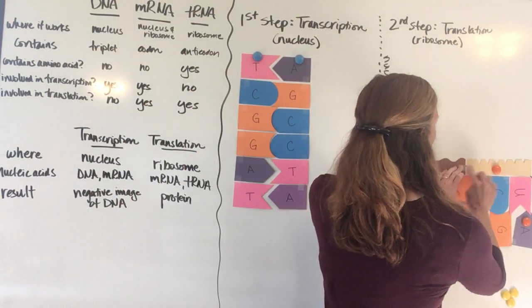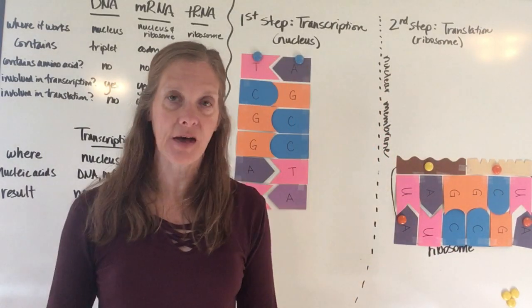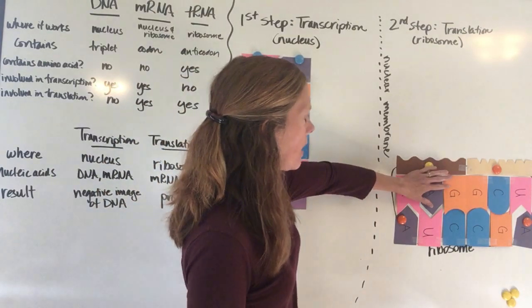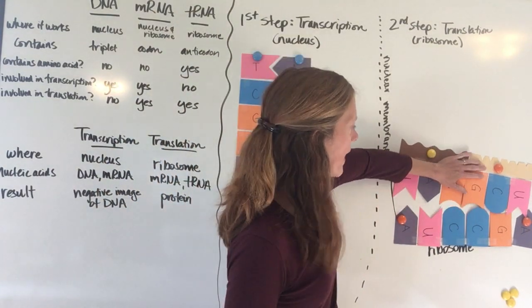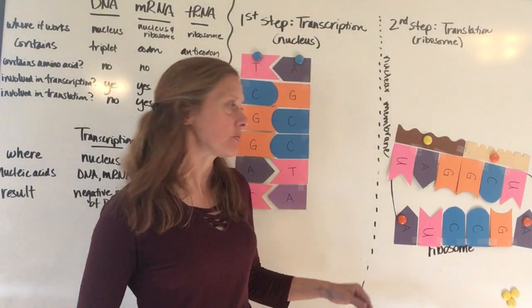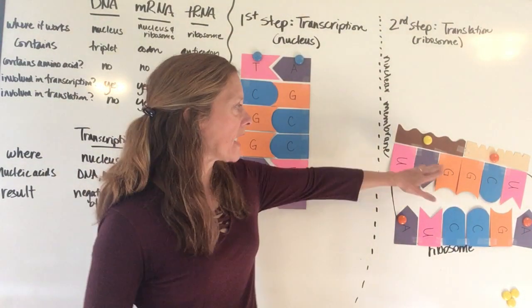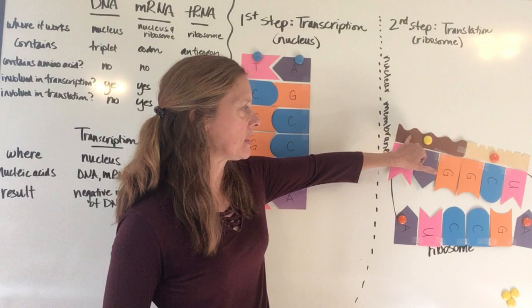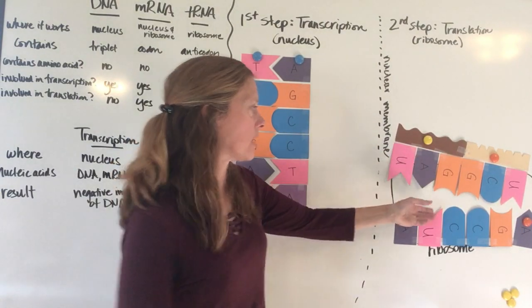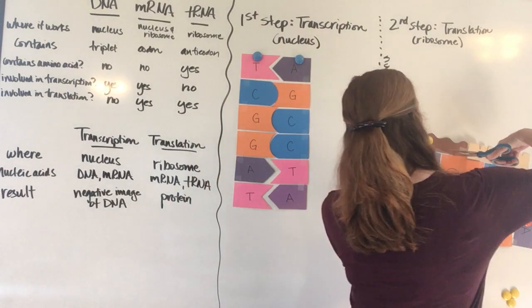So we're going to bond those 2 amino acids together. And once the amino acids are bonded together, it's going to start to move away from the messenger RNA. And so that these can be recycled, we're going to break the bonds between the amino acids and the anticodons, so that these can go out and be used again.